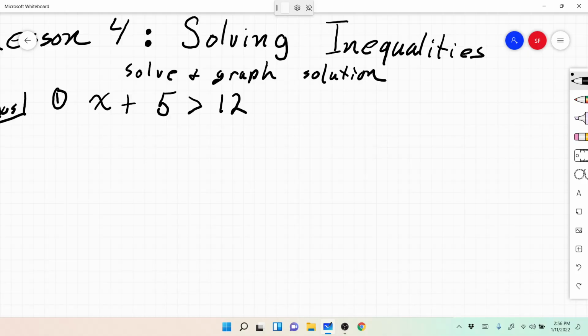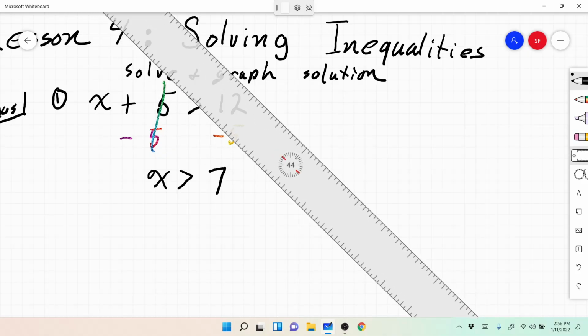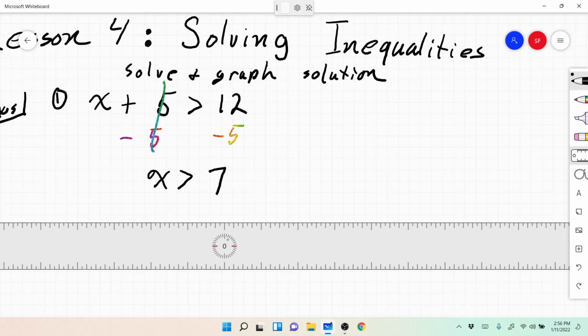You solve these just like we pretend this was an equals sign, and then we solve them. If that was an equals sign, what would we do? Subtract 5. So X is greater than 7. And then we're going to graph that solution.